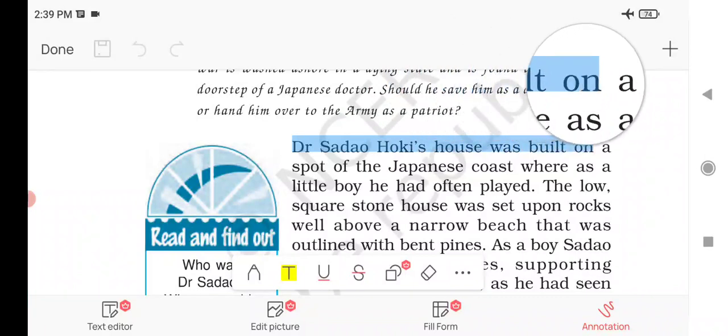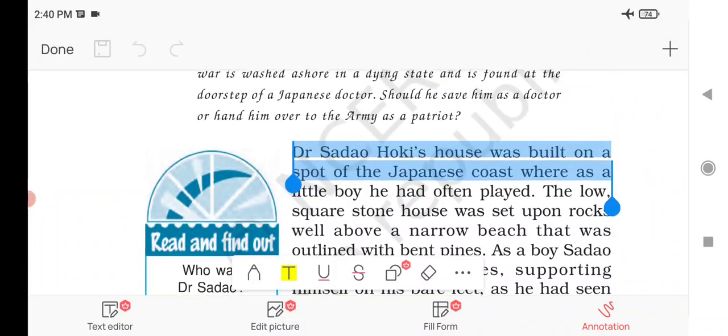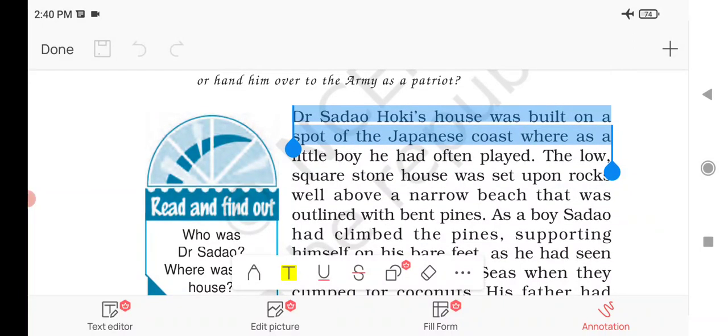Dr. Sadao Hoki's house was built on a spot of the Japanese coast where as a little boy he had often played. So in this paragraph, the writer is introducing the main character, Dr. Sadao, and she is telling us about Dr. Sadao's house, that his house is situated on the coast of Japan, and yes, he had been living there since his childhood.